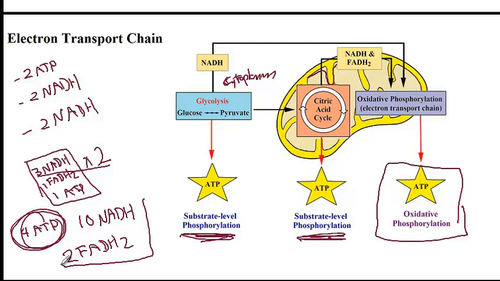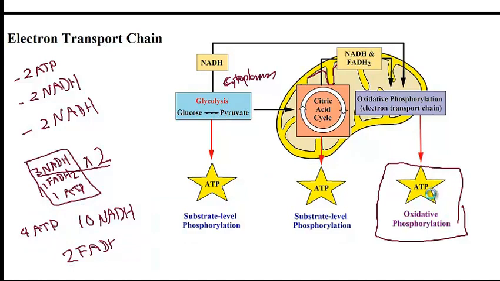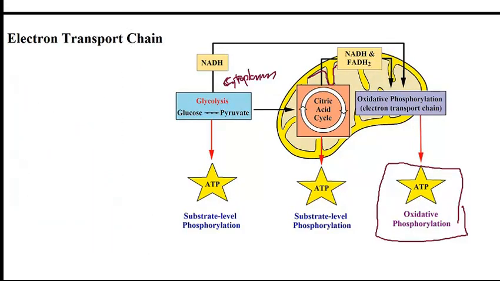Now these NADH and FADH2 will undergo oxidative phosphorylation in the electron transport chain to produce ATP, and this is called oxidative phosphorylation generation of ATP. Alright, so that was a nice review of all the reactions that we've been discussing since the beginning of this lecture. Now I'd like to go over the mechanism of the electron transport chain.